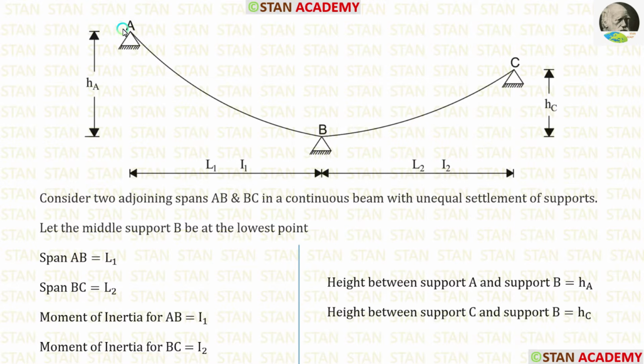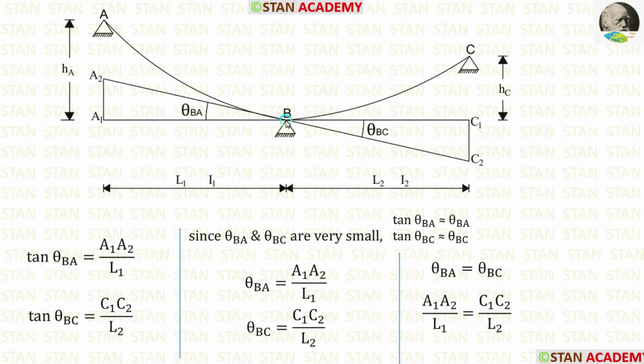The vertical distance between the supports A and B is equal to HA. The vertical distance between the supports C and B is equal to HC. From the point B, let us make one tangent on the left side and the right side.